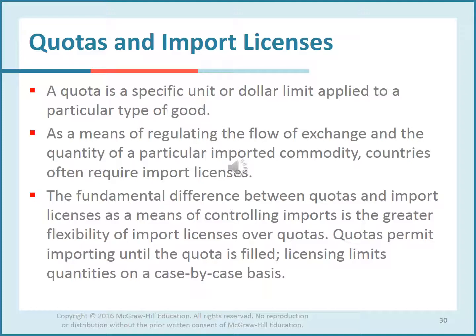But since 2000, they opened up the quotas and replaced them with tariffs. So essentially, they've said, we will now accept an unlimited amount of rice, whatever you want to ship and whatever we want to buy. However, we are going to put a tariff tax on that. So we're using that as a way to regulate and actually tax your ability to send us that item.